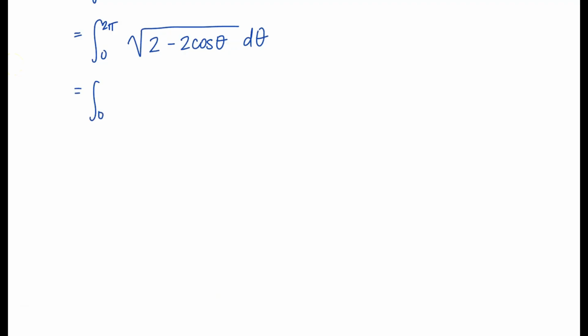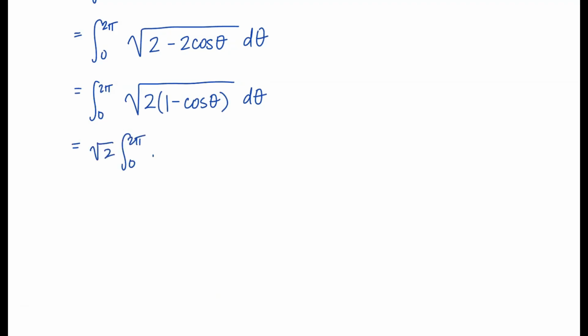So I'm at a place where I can say 0 to 2 pi, the square root of 2 times the quantity 1 minus cosine theta d theta. And I can actually even pull out the radical 2 there. And so I can make this radical 2, the integral from 0 to 2 pi of the square root of 1 minus cosine theta d theta.